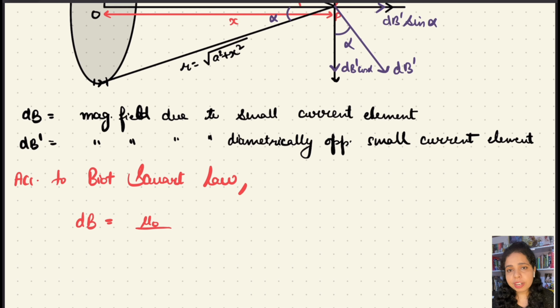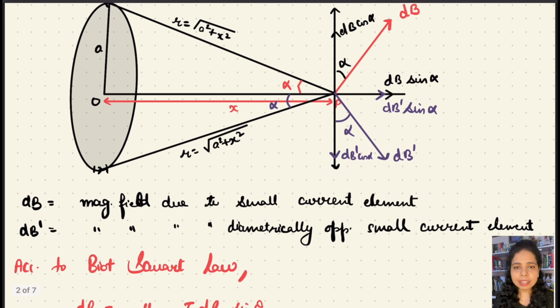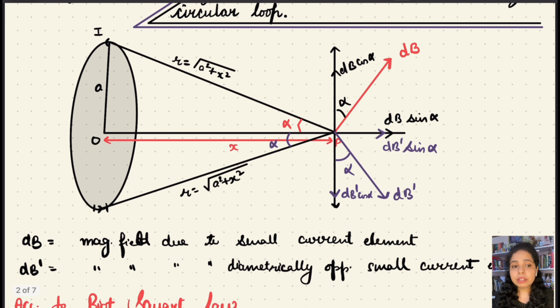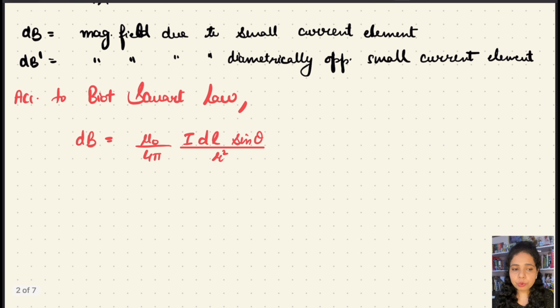So in order to find the magnitude, we will apply the Biot-Savart law, and according to it, dB is equal to mu naught upon 4 pi, I dl sin theta upon r square. Now here the angle between the current element and the line joining the current element is 90 degrees. Therefore dB is equal to mu naught upon 4 pi, and instead of writing sin theta, we will write sin 90.